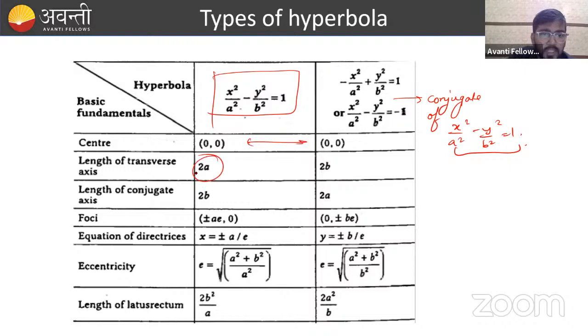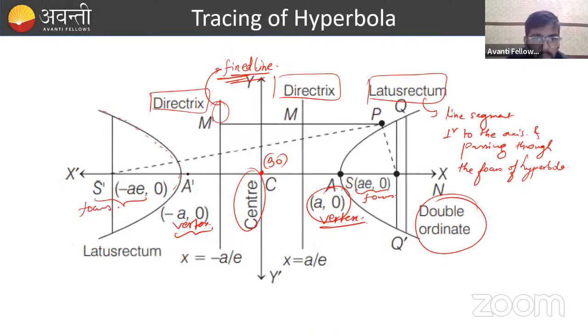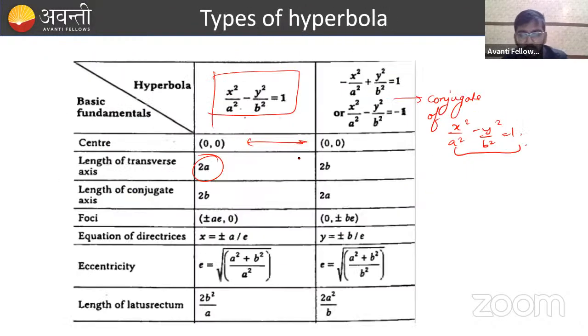Length of transverse axis is 2a. So this is the standard hyperbola. Here you can see that this length is 2a, right? So this is our transverse axis, and the length of the conjugate axis is 2b, right? And here you can see for the conjugate hyperbola, this has been interchanged.